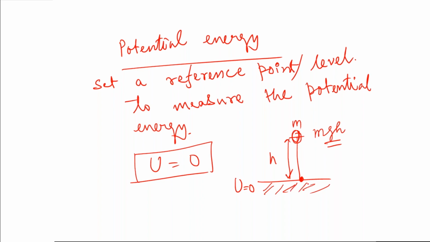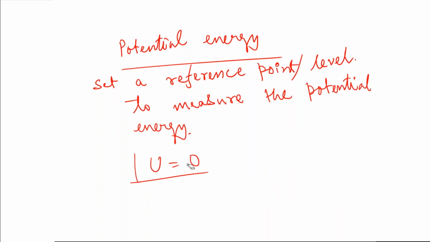So see here we have set a reference level, that is on the earth. So in case of gravitational potential or whatever, we always have to set a reference level to calculate or measure the potential energy. So in this case, our work done is U_p minus U_r, right?